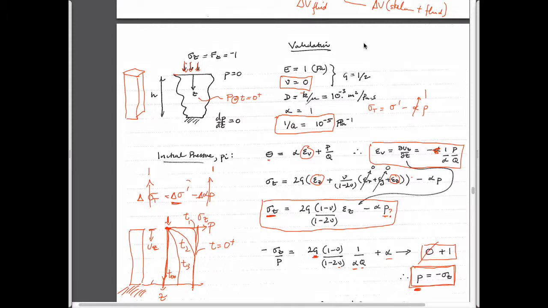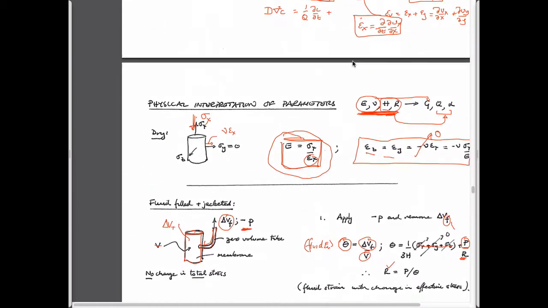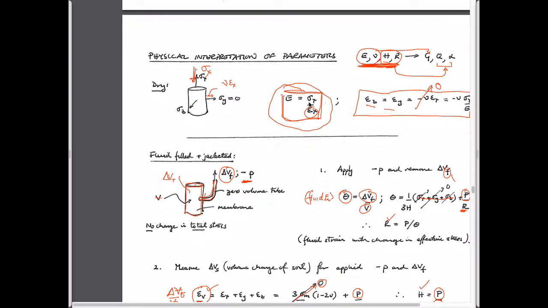So if we know that modulus is equal to this, so if we know that strain in the x direction is equal to the change in stress, actually in z, right, divided by modulus.